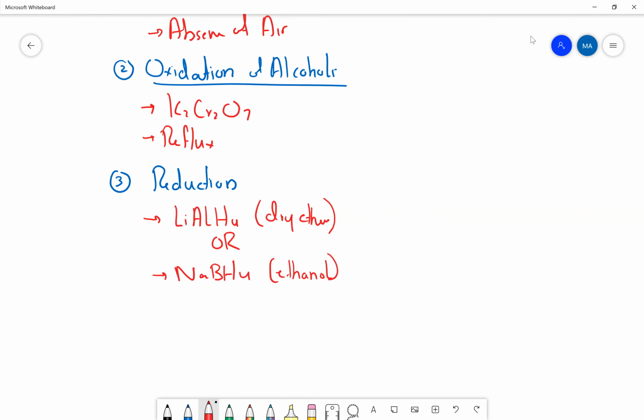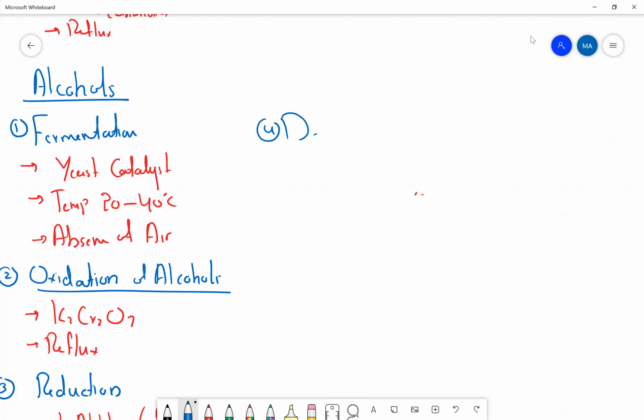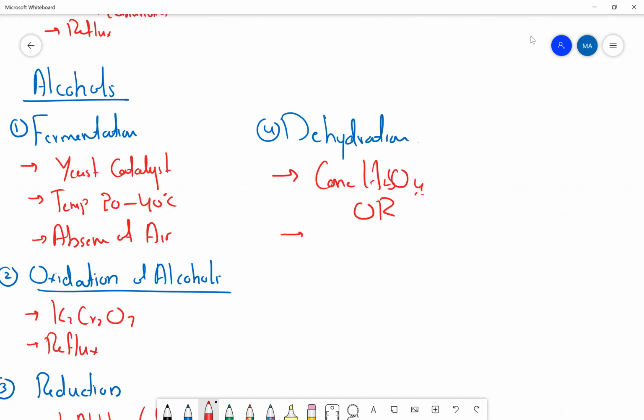This was reduction, and then the last one for alcohols is dehydration. For dehydration, you use concentrated H2SO4 or Al2O3 or SiO2 plus heat.